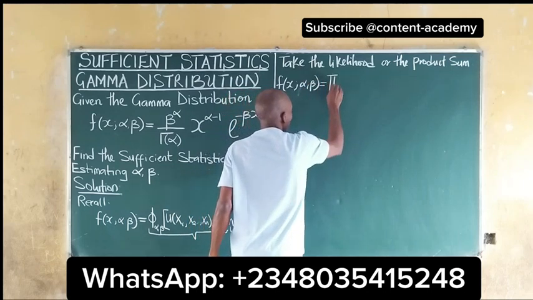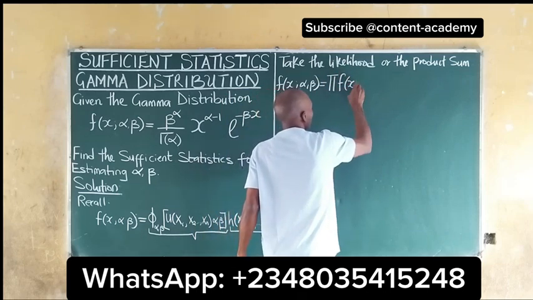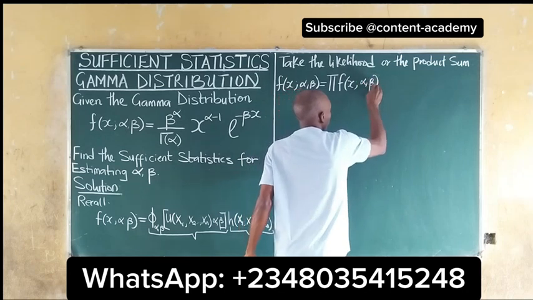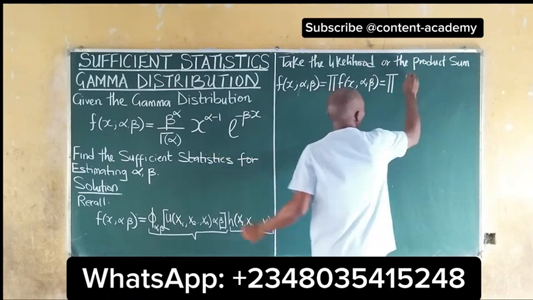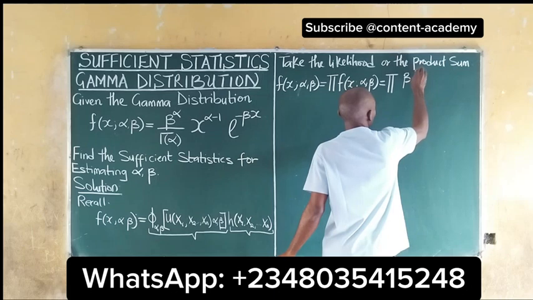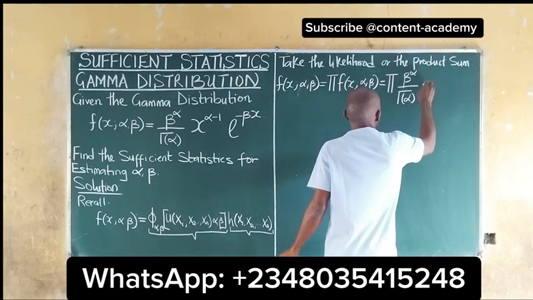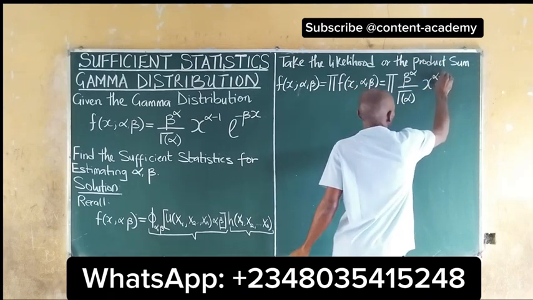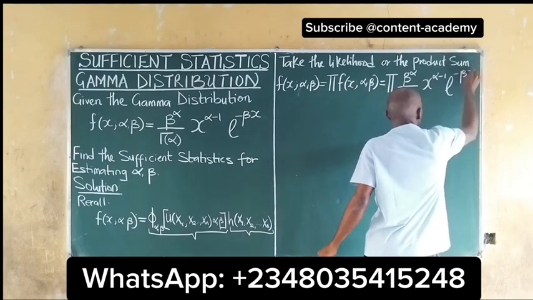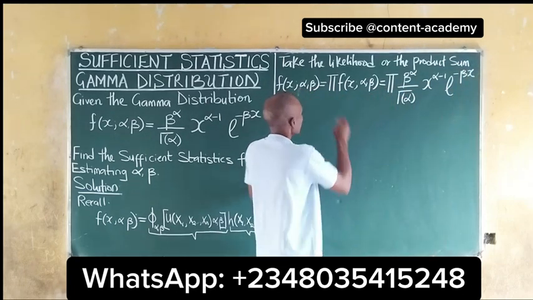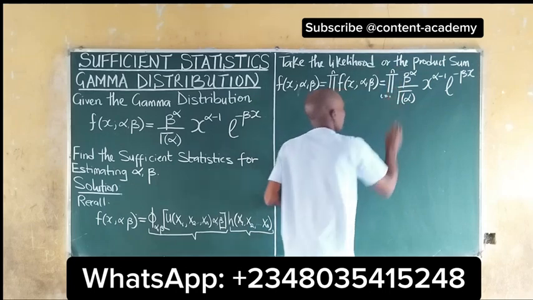The likelihood of this function is equal to the likelihood of the distribution given, with i running from 1 to n.